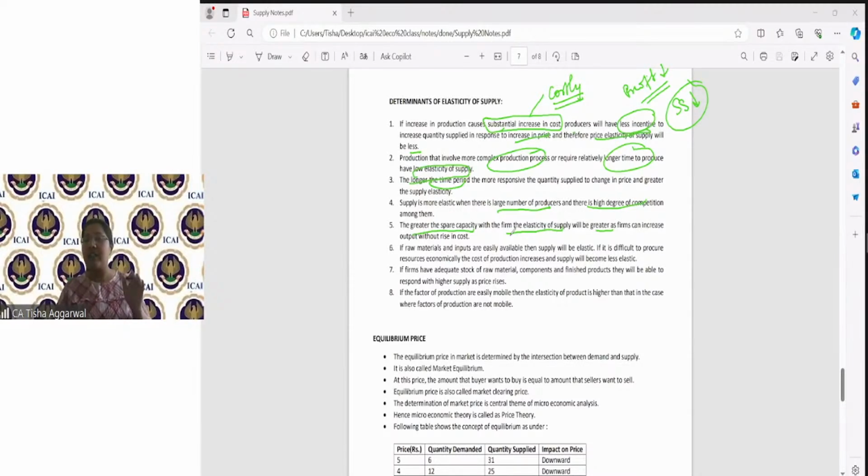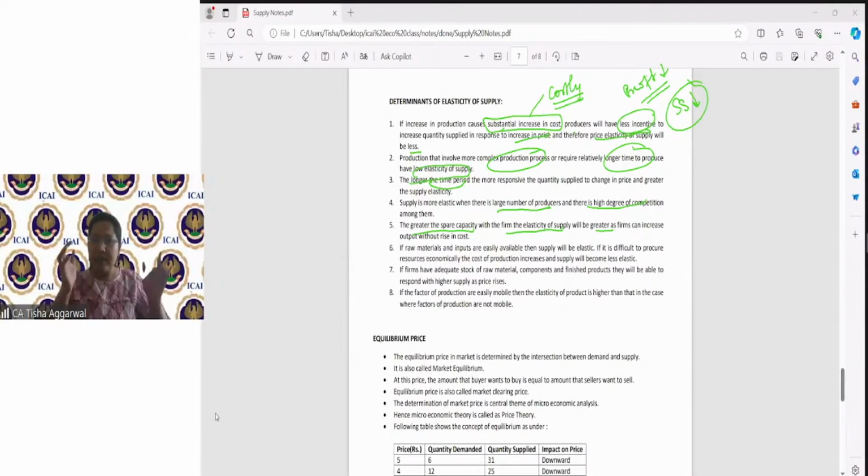But if the factors of production are not working properly, then there will be a problem. So determinants of elasticity of supply simply say that whenever production takes place with respect to supply, which could be easily changed depending upon the complexity, the elasticity of supply also varies. I hope this is clear.